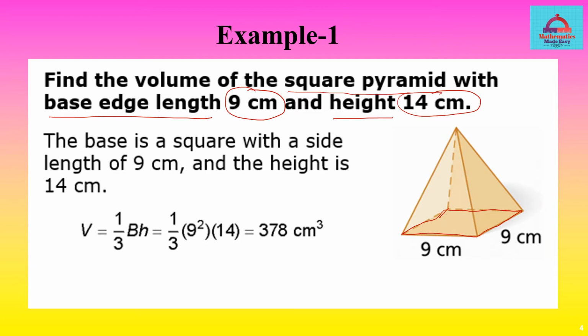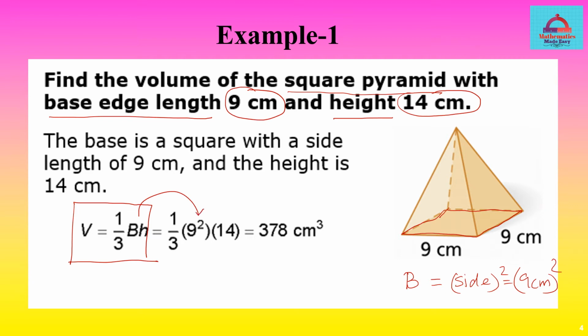The formula for volume, as you have seen in the previous slide, is 1/3 base times height. So the base, which is a square here, will have the base area capital B as side squared. So that will be 9 centimeters squared. So that is what we have substituted here. Height is already given.